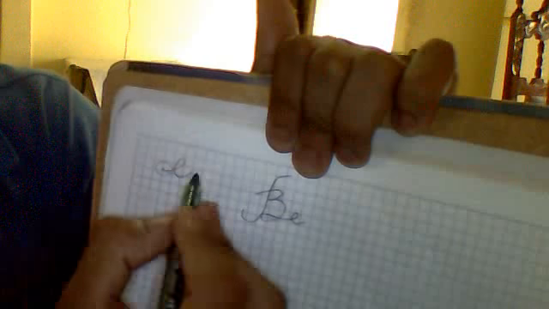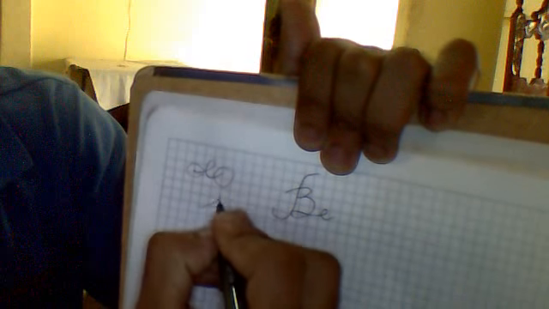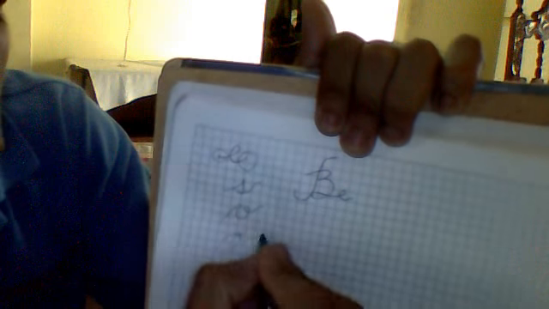Right? So this small line here is to connect the preceding letter. This other line here is to connect with the next letter. Now I'm going to use S, and I'm going to finish with O, right?